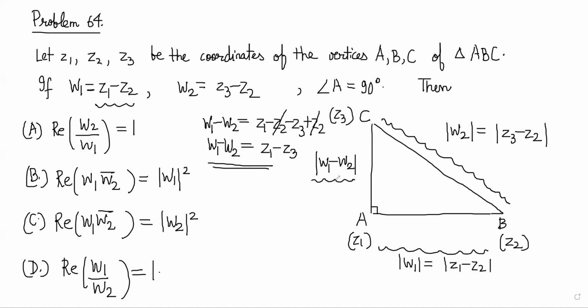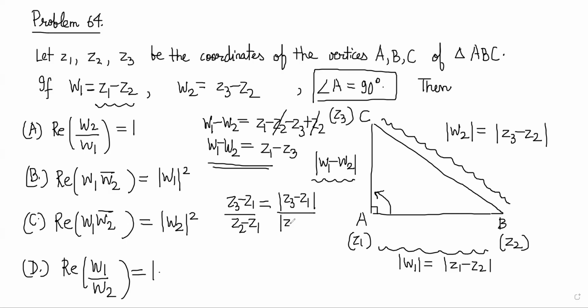Now, what we will do is figure out how to do rotation here and use the fact that this is 90 degrees, right? If this is 90 degrees, by rotation theorem, I'll write Z3 minus Z1 by Z2 minus Z1 is equal to mod of Z3 minus Z1 by mod of Z2 minus Z1 e power i pi by 2, right?